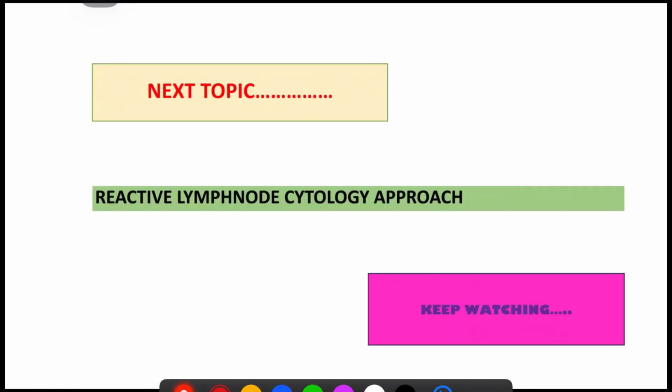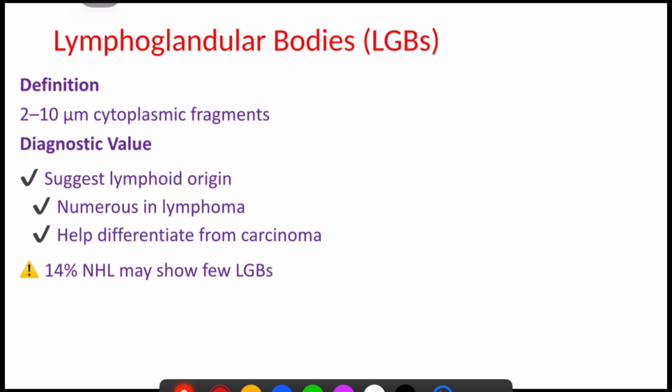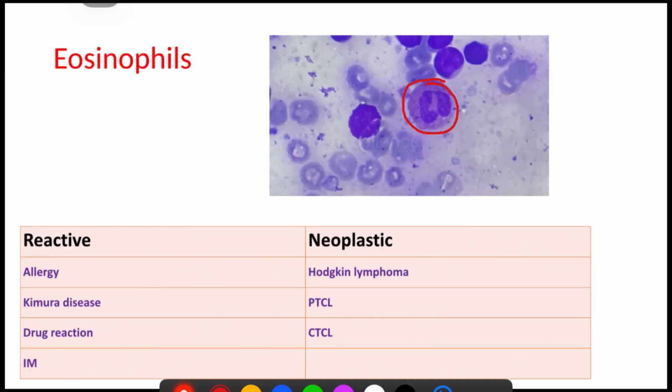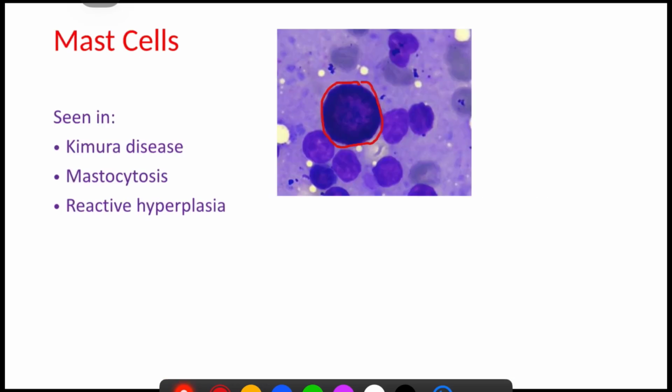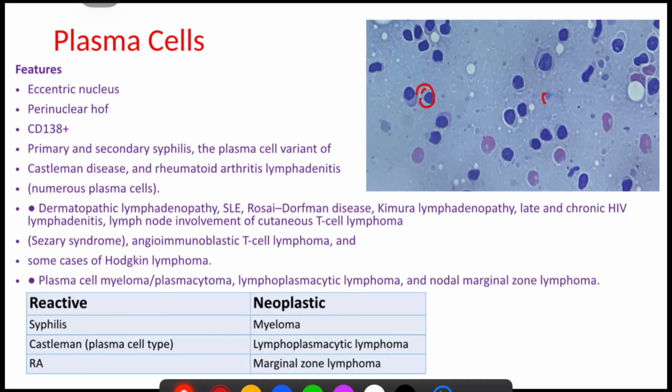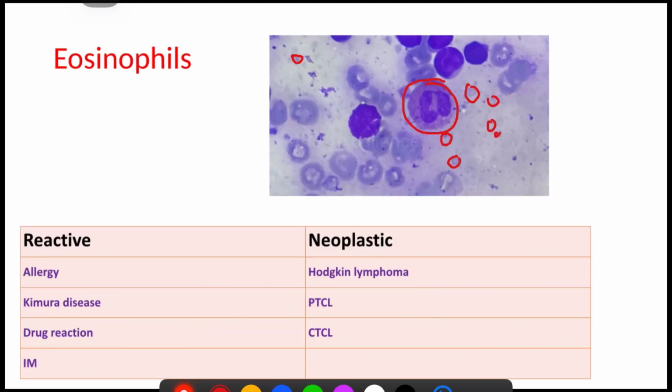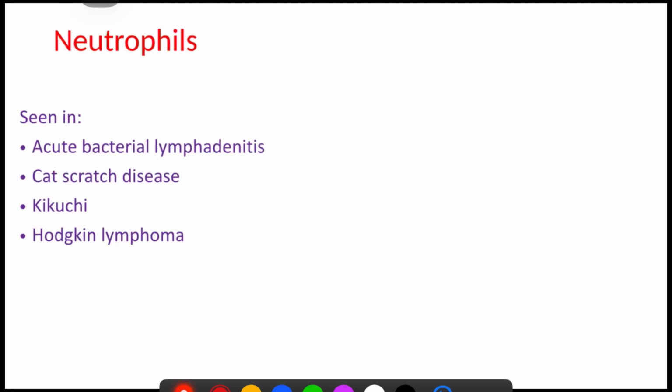So basically, if you want to see these lymphoglandular bodies, here you can find these are the cytoplasmic processes or fragments, right? They are very much appreciable in Giemsa stain, and also in the Pap stain you can find these are the cytoplasmic fragments. So these are lymphoglandular bodies, and it suggests the smear is of lymphoid origin, right?